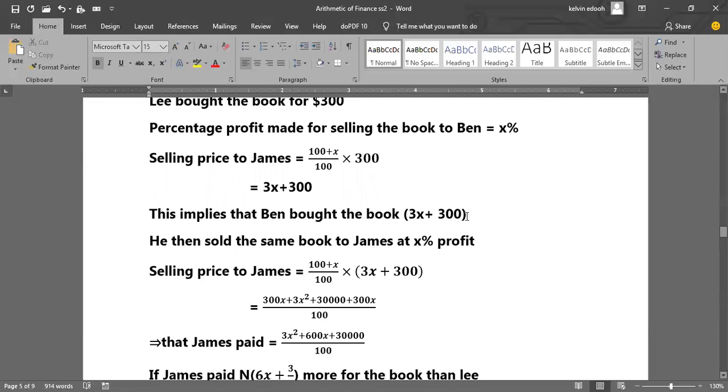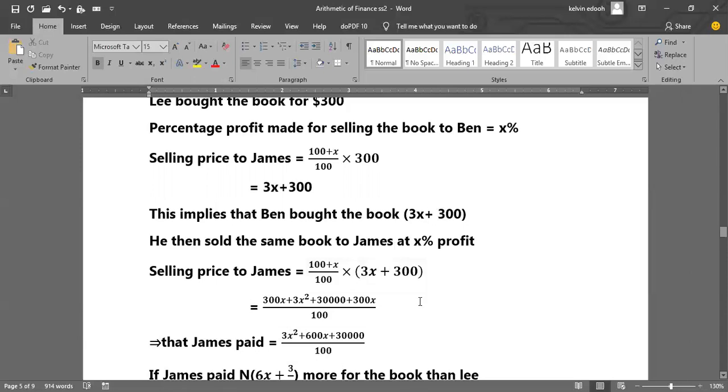Then he increases it to make a profit. He made a profit of X%. So the selling price should be the percentage increment times the cost price. The percentage increment will be 100 plus X, that gives us 100 plus X% of the cost price.